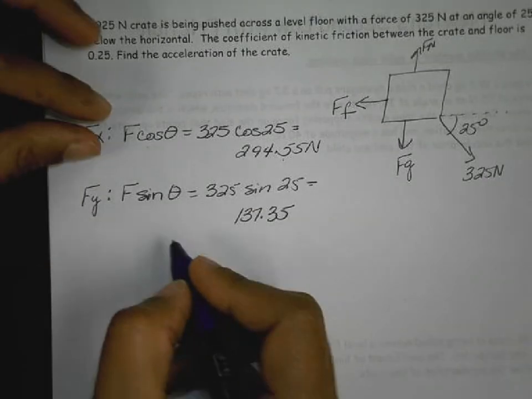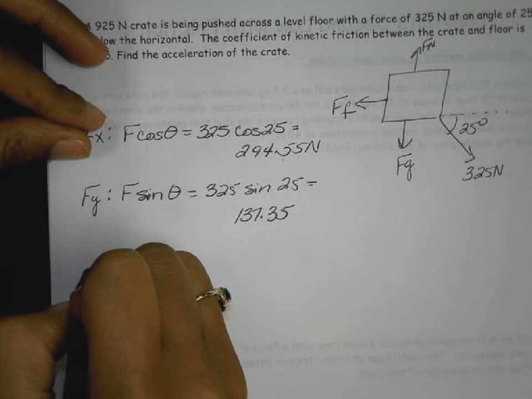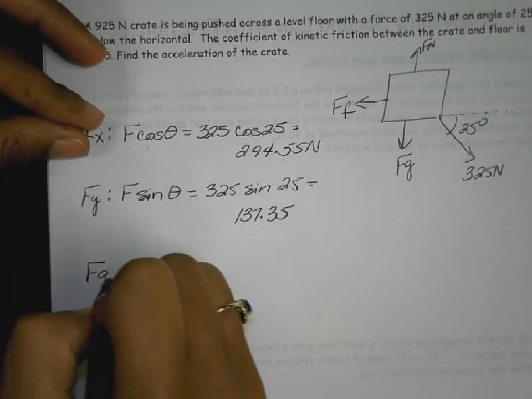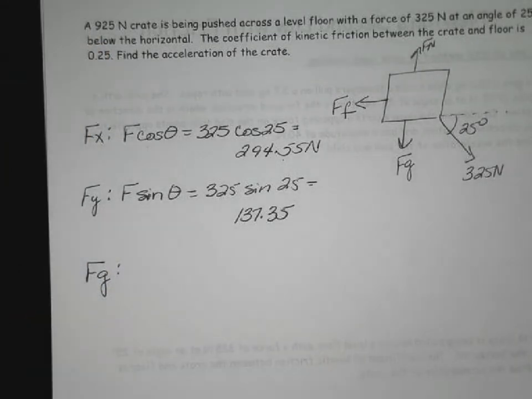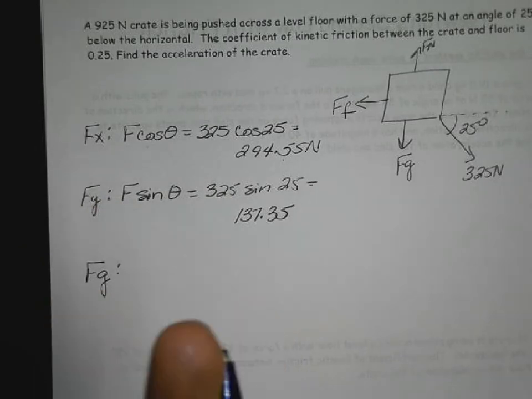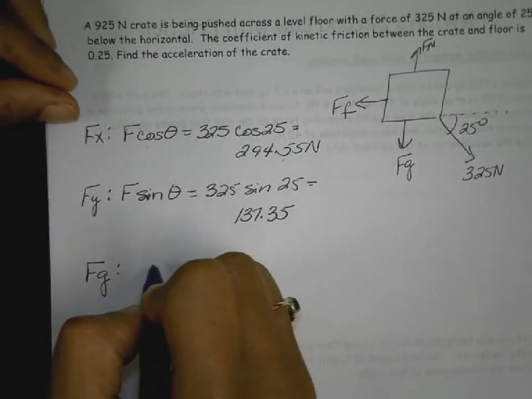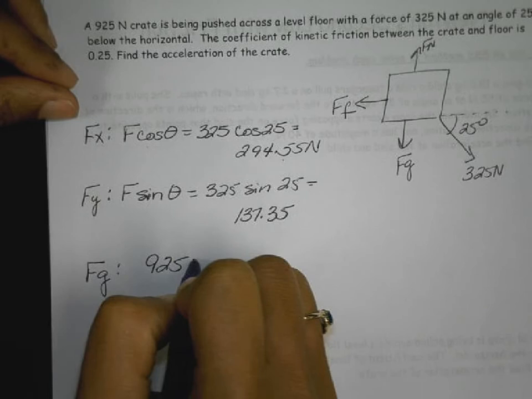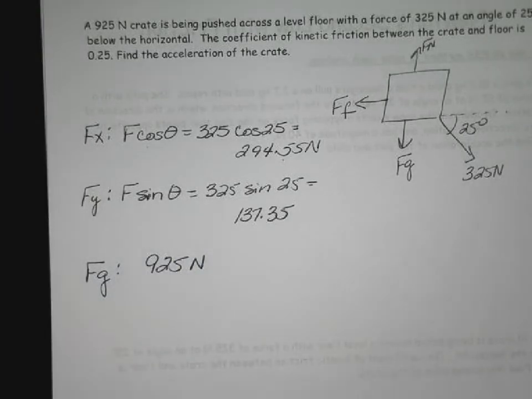The next question is, what is the force of gravity? Now this can be tricky. This question gives you the force of gravity. It tells you. Force of gravity is how much the crate weighs. And it tells you in the question. It's 925. But what's hidden in the force of gravity is the mass. You know eventually you're going to use it, because the equation is mass times acceleration, right? So you're going to need the mass.